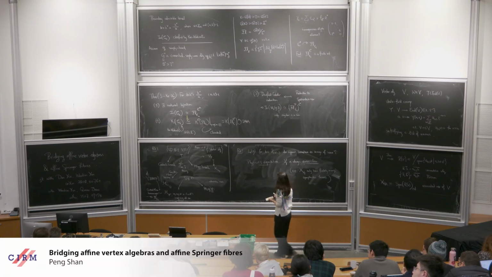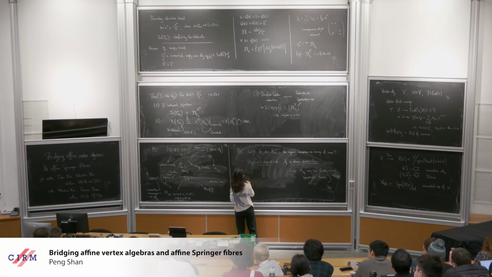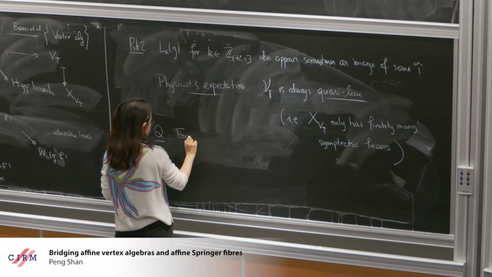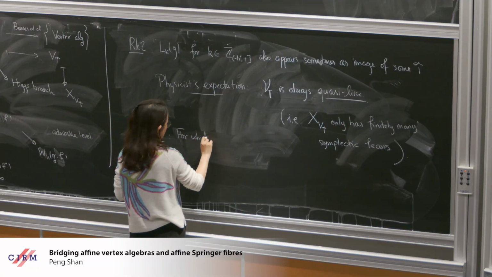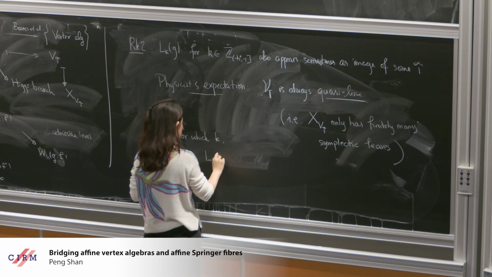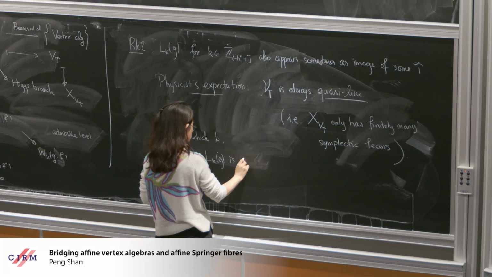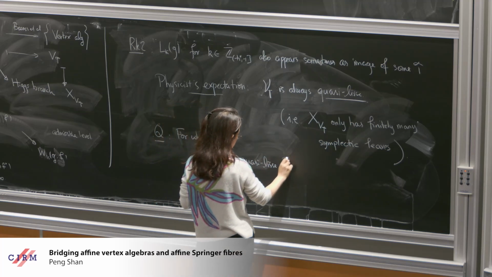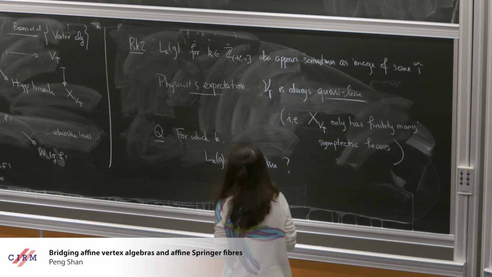So this raises a question: for which k is L_kG quasi-lisse?